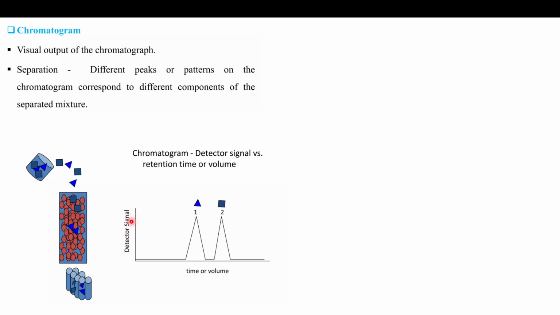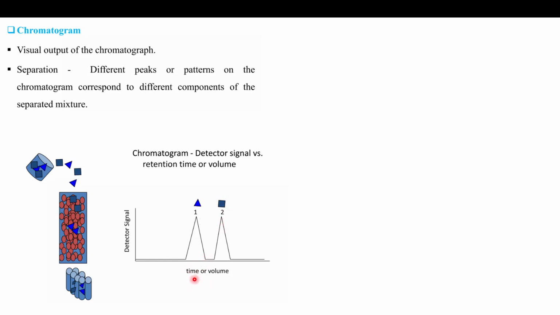The detector signal is there, and the independent variable here is time. Since the second one is larger, or interacting more with the matrix, the triangle compound, due to its lesser interaction, comes out earlier as compared to the second one.